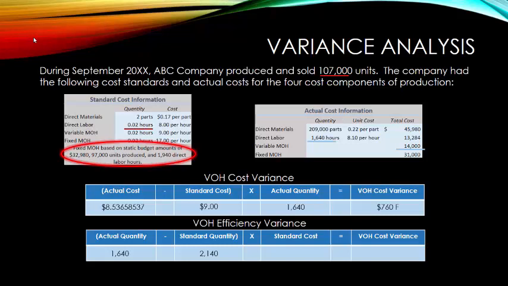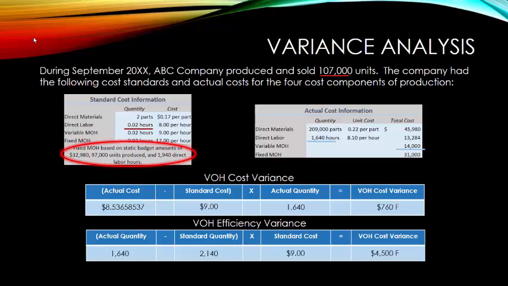We've seen this number already. This is their standard quantity of direct labor. Well, it's going to be the same thing for the standard quantity of our cost driver because direct labor is our cost driver. Let's multiply this by the standard cost that we had. And our standard cost, again, for variable manufacturing overhead was $9 per hour. And we get a $4,500 favorable cost variance.